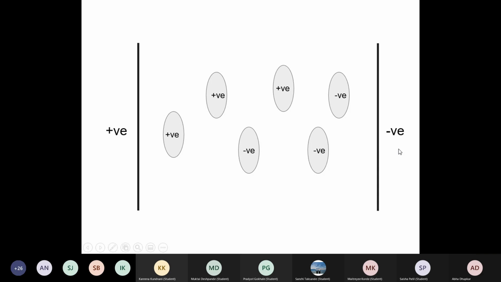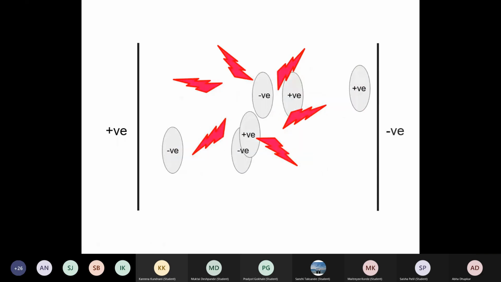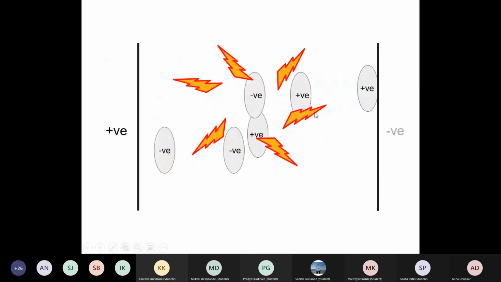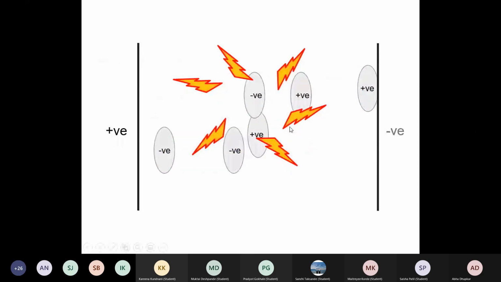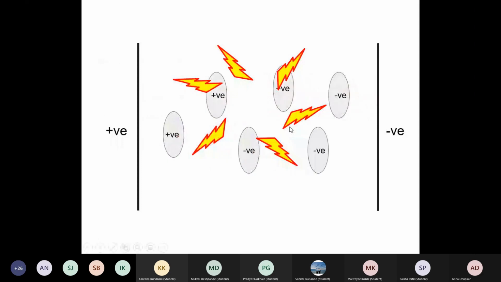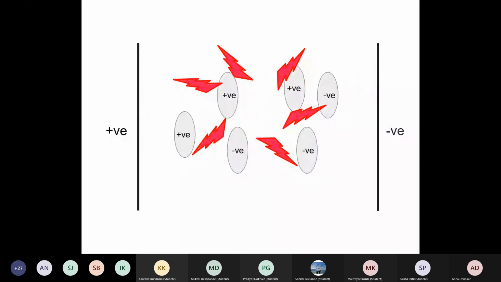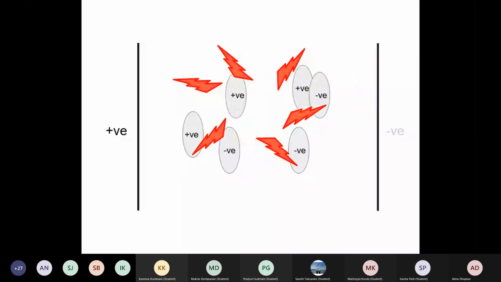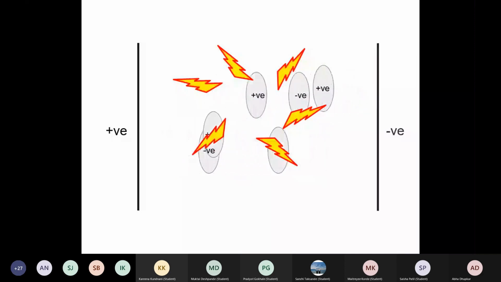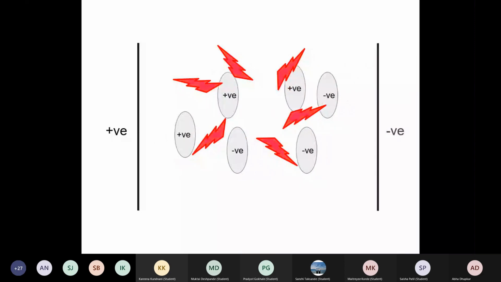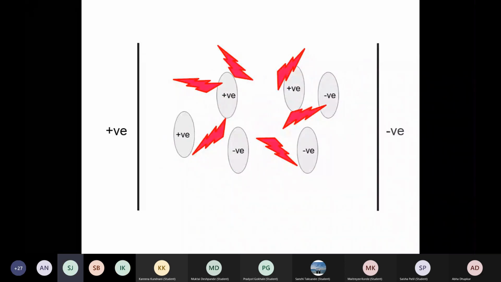When this movement is occurring, you are going to get heat production over here. These lightning bolts which are changing color are indicating the heat formation. Can you appreciate the collision of the particles? Yes, ma'am.